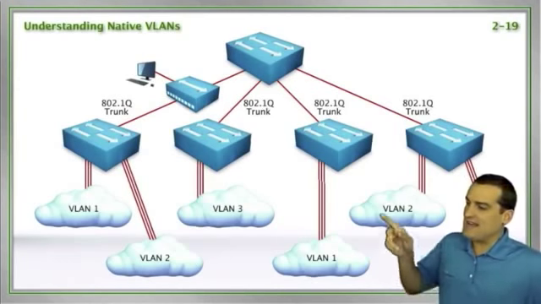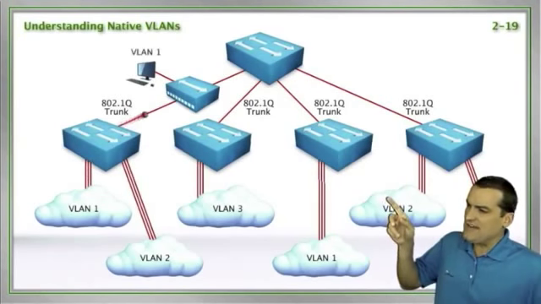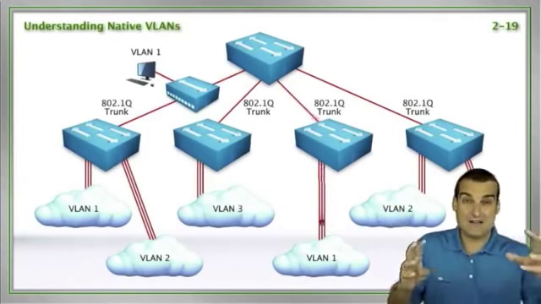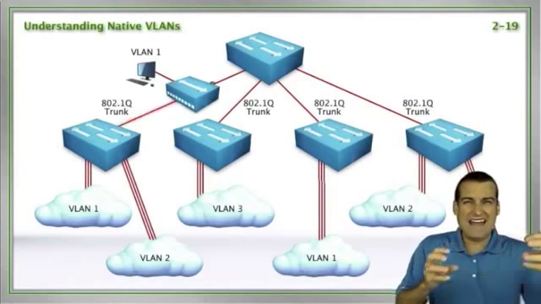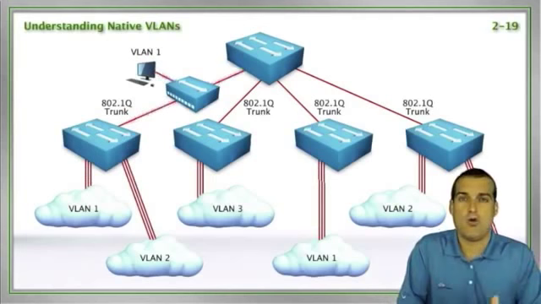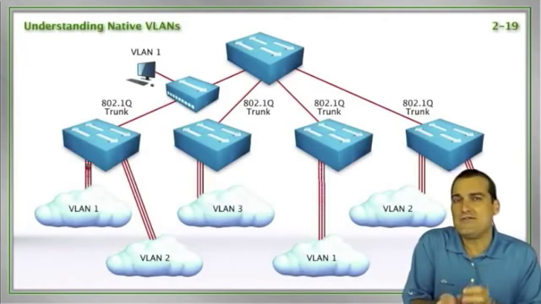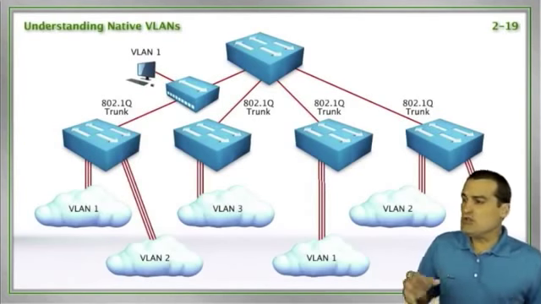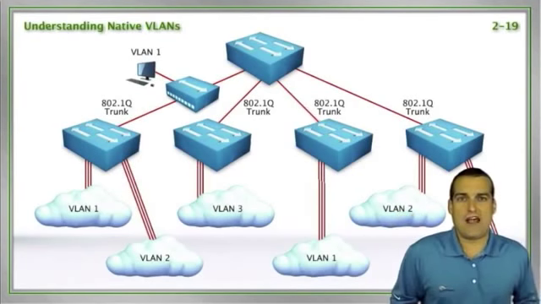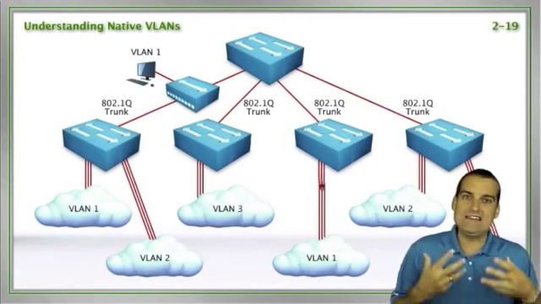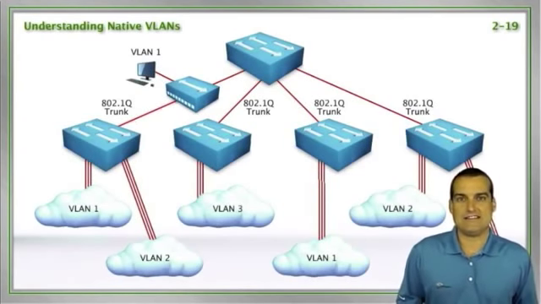The idea behind this was, let's take VLAN 1, for instance, and let's not tag it so that if we ever had a failure of the trunking or any kind of failure, that traffic would still flow. It won't possess that VLAN modification. The idea here was you would put your management traffic in that VLAN, that important traffic that you need to be able to flow to your devices.